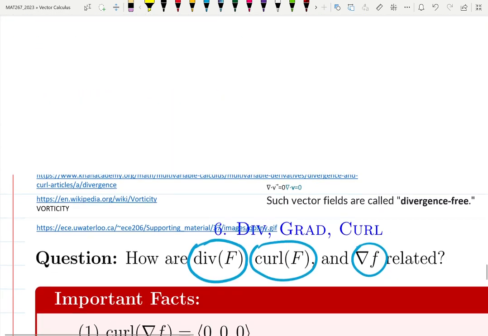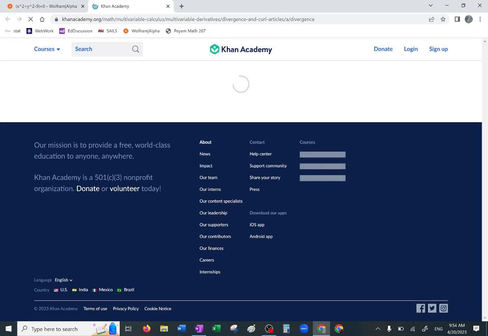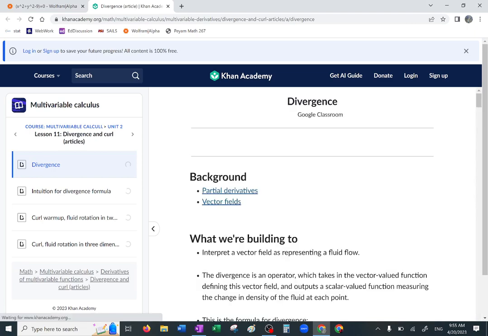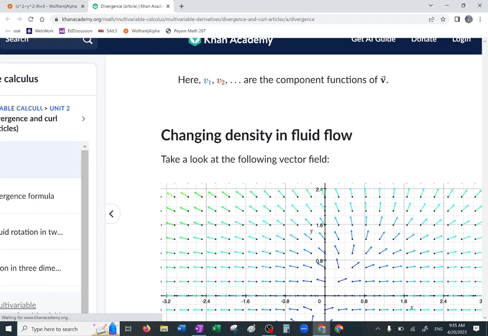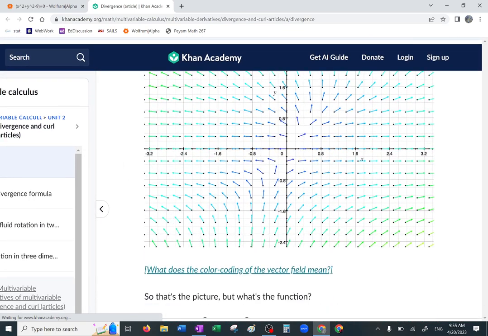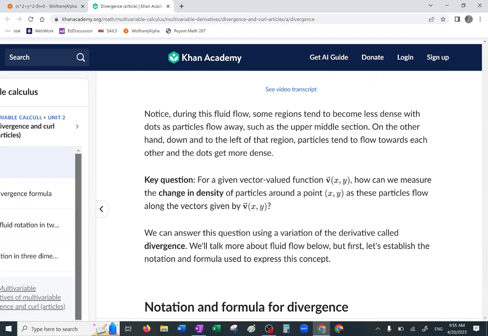Let me show you some awesome stuff I found. Khan Academy is a very nice source of a collection of information, and I specifically liked this one. Of course, check it out. They're talking about density and fluids. So here are the vector fields. They talk about derivatives first.